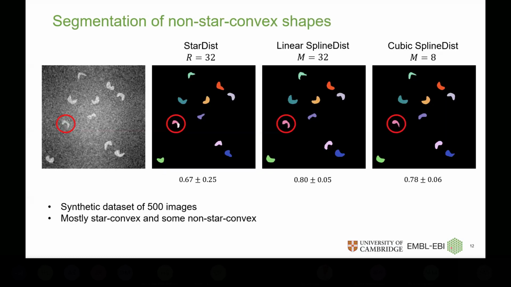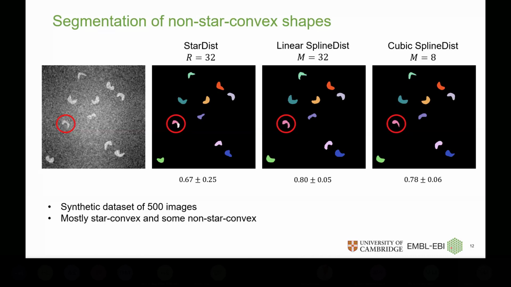So to evaluate the efficiency of this particular method, we designed a synthetic dataset of 500 images, and that consists of mostly star-convex and a couple of non-star convex objects randomly placed around.